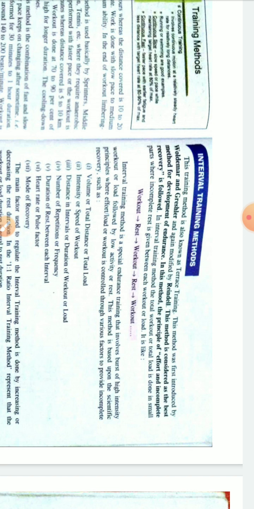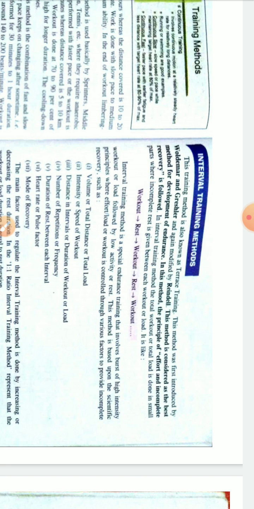In interval training methods, we use the principle of effort and incomplete recovery. Okay, we use effort, and then incomplete recovery follows. Interval training is the exercise in which the exercise is done at relatively higher intensity with intervals of incomplete recovery.